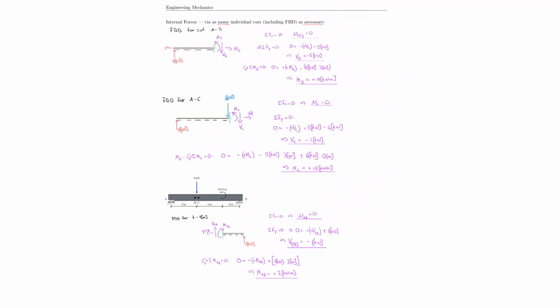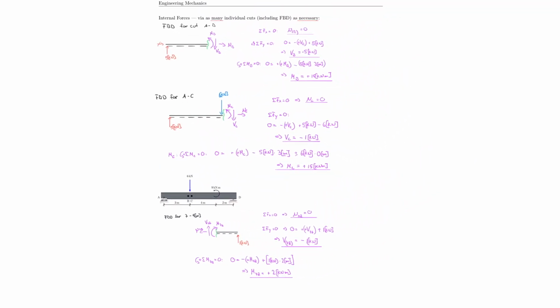Let's take a final look at what we did. I decided to make my cut from A to B, from A to C. That was by definition. I found my normal force, my shear force, my moment, my normal force, my shear force, my moment. Then I also decided, because I didn't know what's going on at this location, to make another cut.